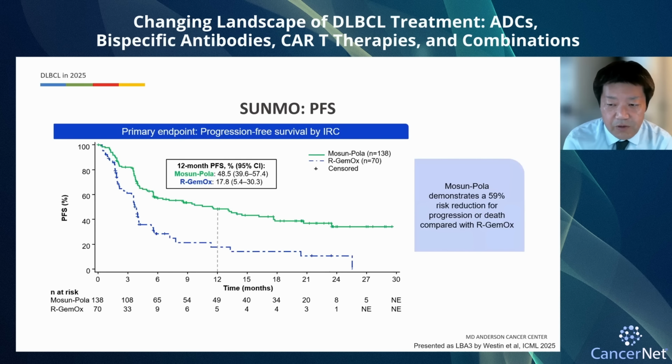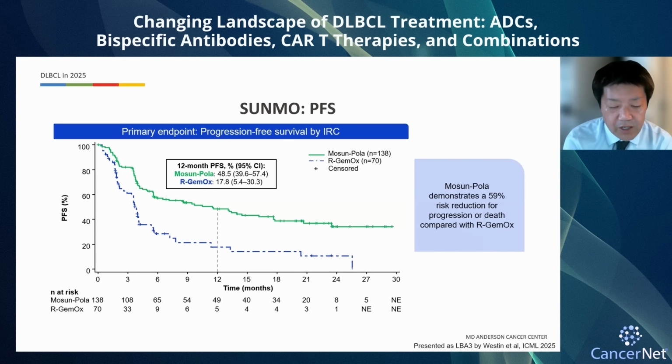So this slide shows the progression-free survival. Interestingly, the curve looks very similar to what we saw in the STARGLO trial, even for the progression-free survival. And again, it shows a clear improvement with mosun-pola compared to R-GemOx. The data reinforce the consistent benefit of bispecific antibody-based combination in the second line setting for patients with relapsed refractory large cell lymphoma.